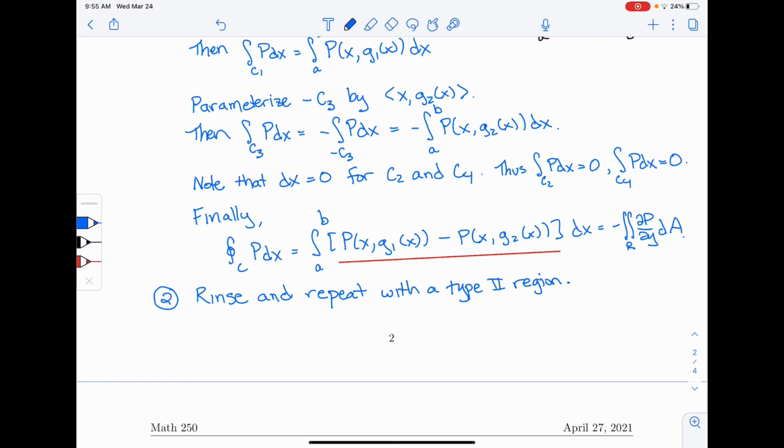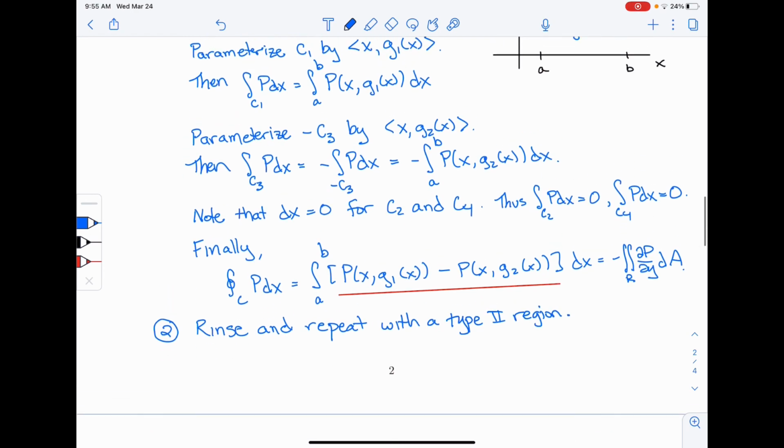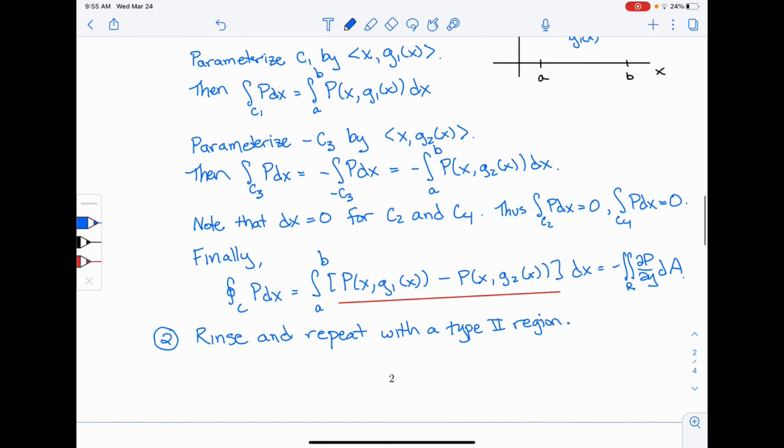And once you've proved 1 with a type 1 region plus 2 with a type 2 region, that will help you prove the general theorem for a general region. So piece together 1 and 2 for a general region.